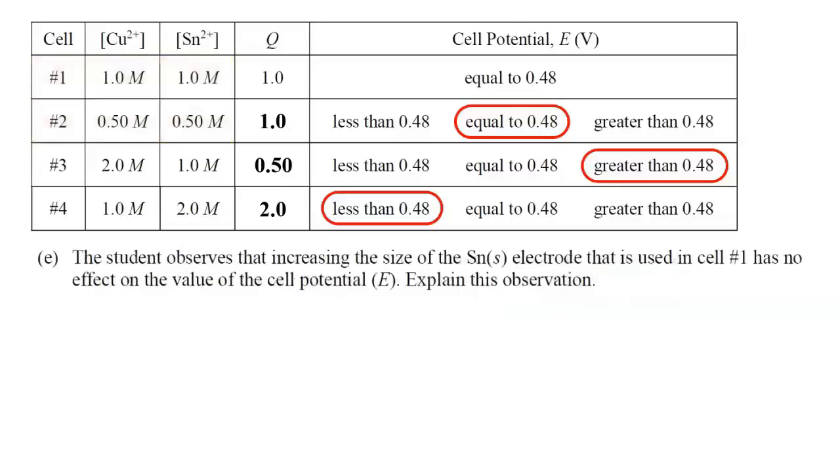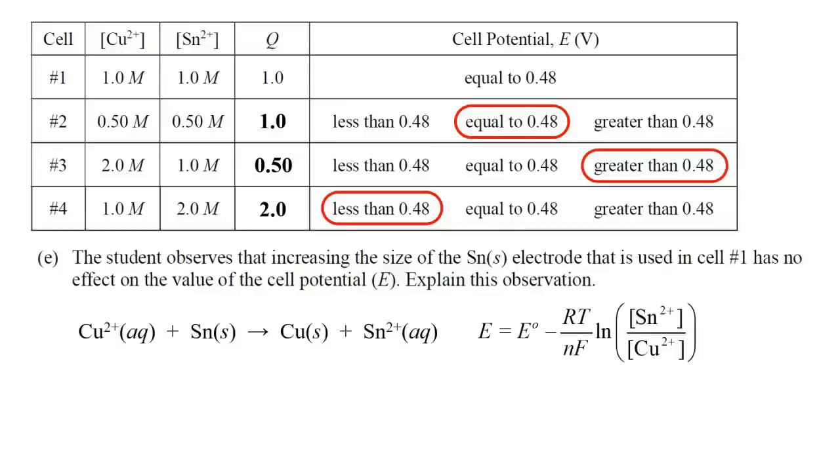All right, in part E of this question, it says the student observes that increasing the size of the solid tin electrode that is used in cell number 1 has no effect on the value of the cell potential. Explain this observation.